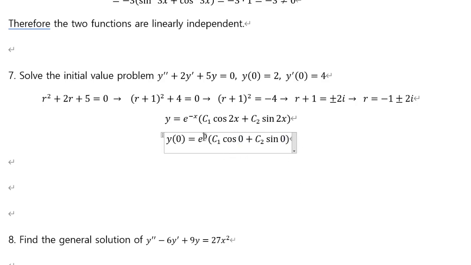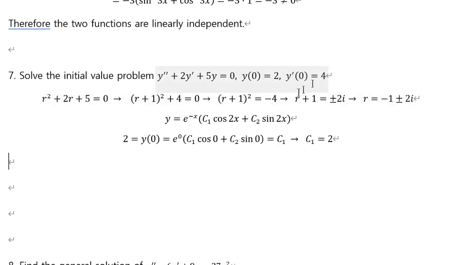So e to 0 is 1, it doesn't do anything. 1 times c1 is c1, 0 times c2 is 0, so you just get c1. And because y of 0 is equal to 2, we see that c1 must be 2.